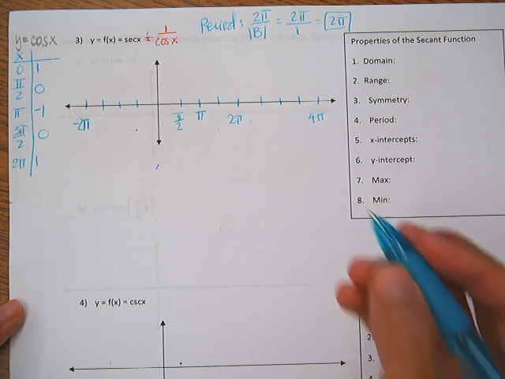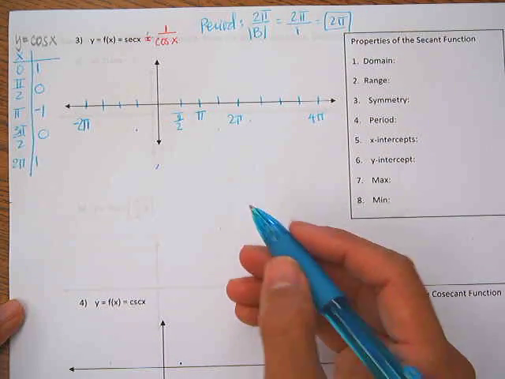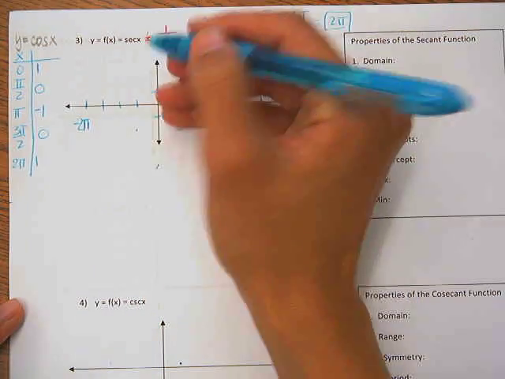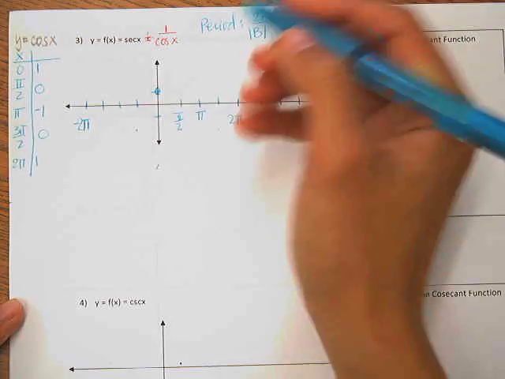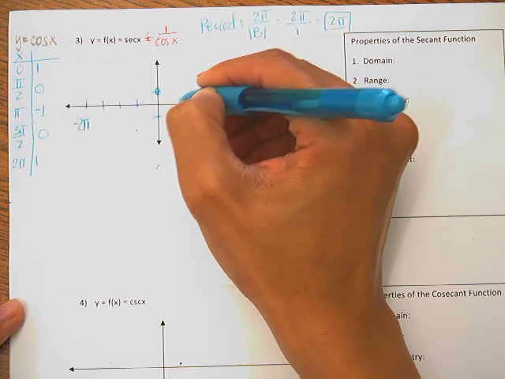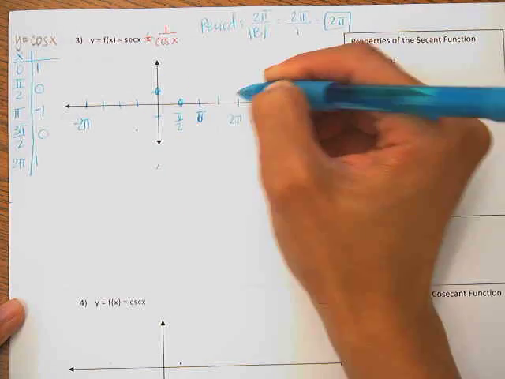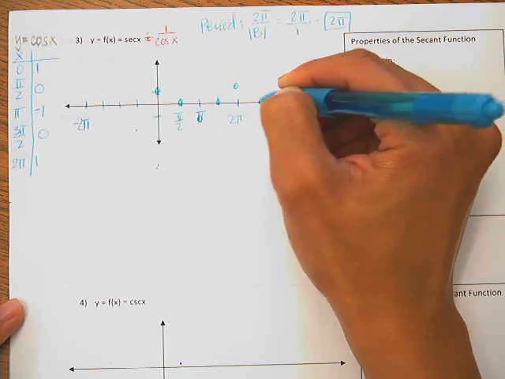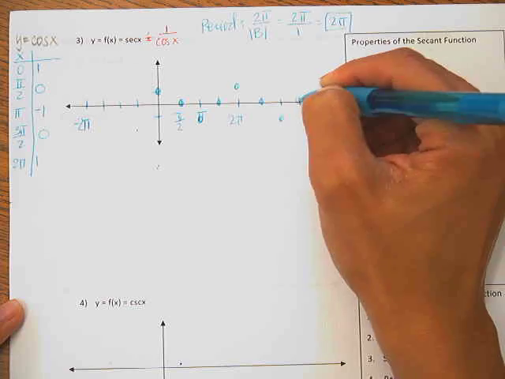Let me sketch this out using a dashed or dotted line. I'm going to go up by 1, go down by 1. So 0, comma 1, that's my dot. Pi over 2 stays at 0. This is a normal cosine curve, so there's nothing special about this except plotting it.